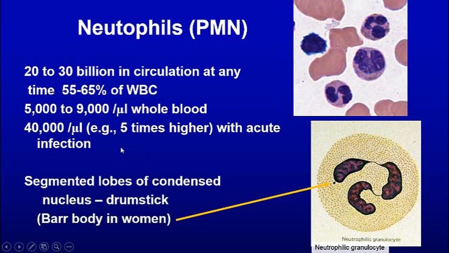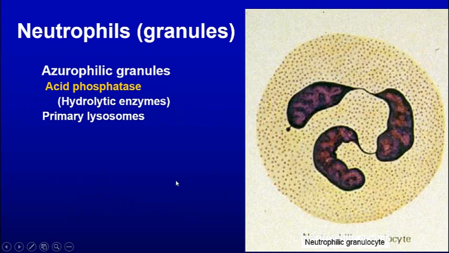In case of infection, you increase the amount. You can also see the segmented thing. This is actually the bar body, and that occurs whenever the X chromosome, in the case of the female, has an extra one, that bar body. Males don't have it.